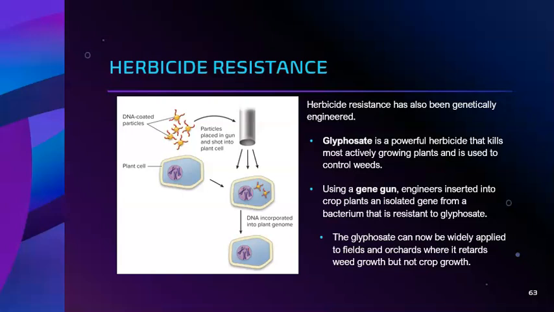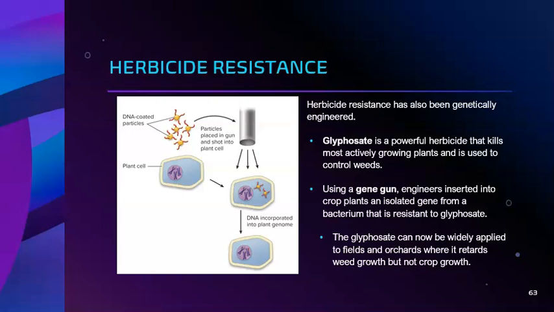Aside from that, we also have herbicide resistance. So herbicide resistance is when we are genetically engineering some kind of resistance to an herbicide. Glyphosate is a powerful herbicide that kills most actively growing plants and is used to control weeds.